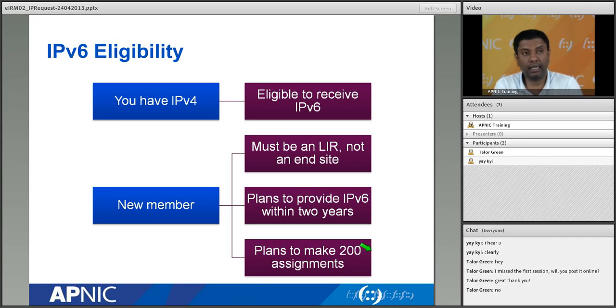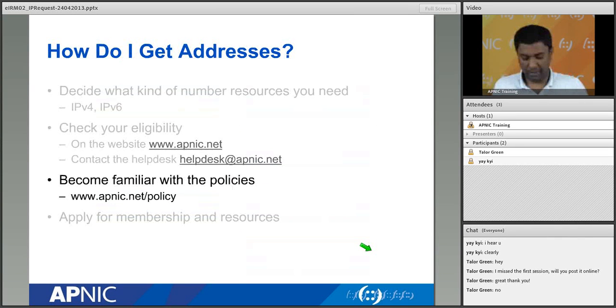IPv6 eligibility criteria. If you have IPv4, you'll straight away be eligible to get IPv6. If you are not, then you must be an LIR. LIR means an ISP planning to provide IPv6 within 2 years' time to 200 end sites. That is for an ISP.